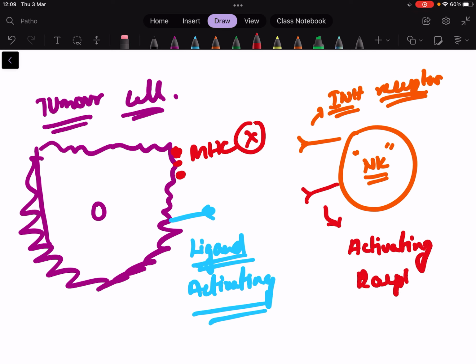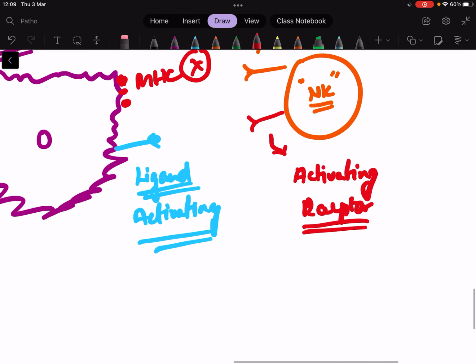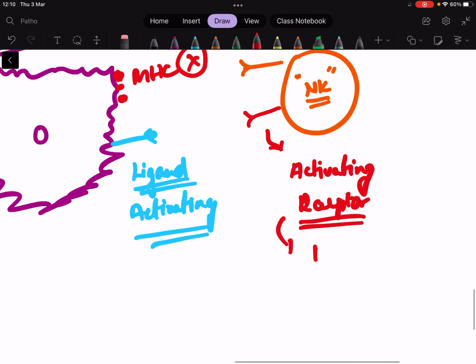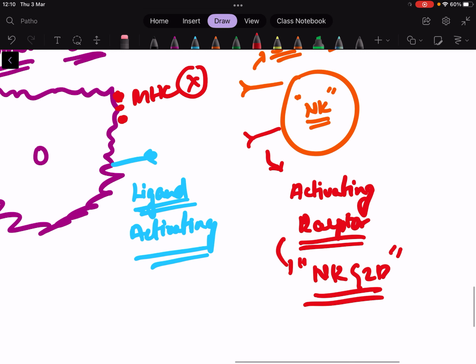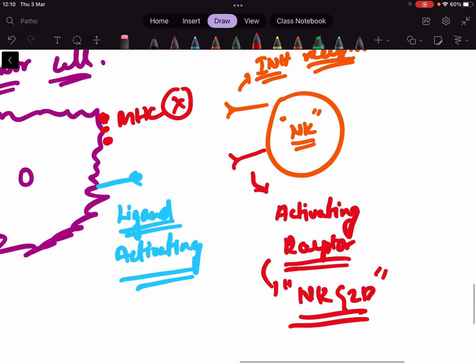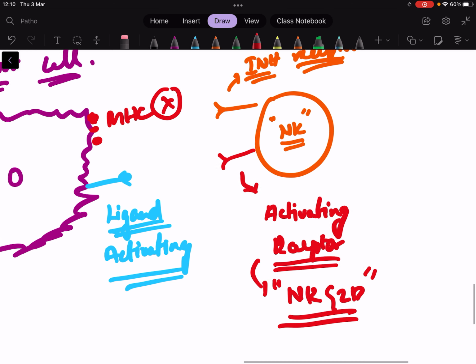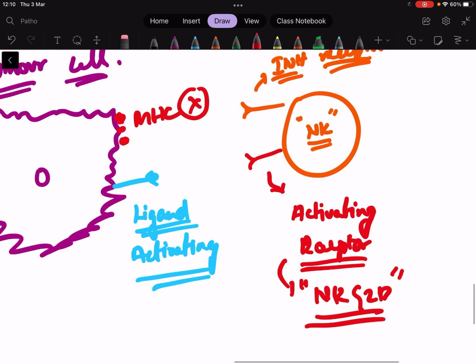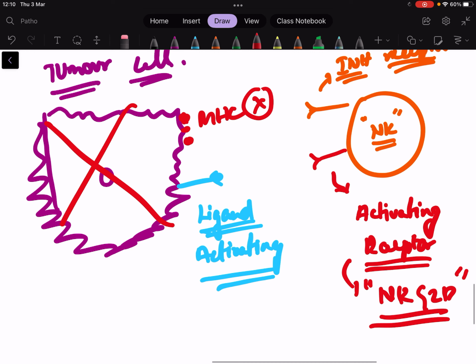What is the activating receptor's other name? The other name is NKG2D receptor. Once the activating ligand present on the tumor cell activates the activating receptor, aka natural killer G2D receptor, present on the natural killer cell, the natural killer cell eventually will eliminate this tumor cell or the virus infected cell.